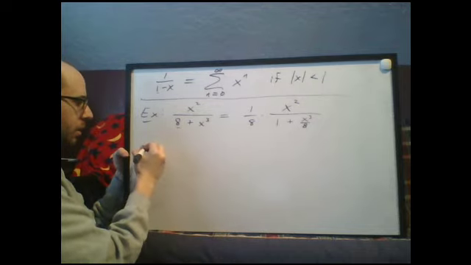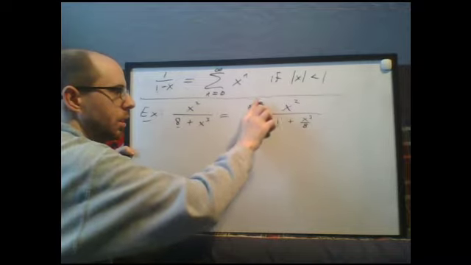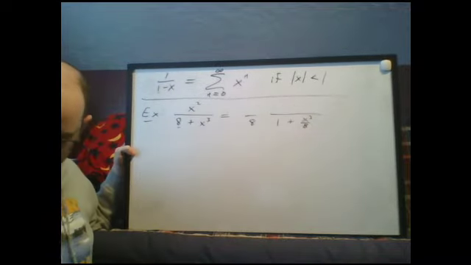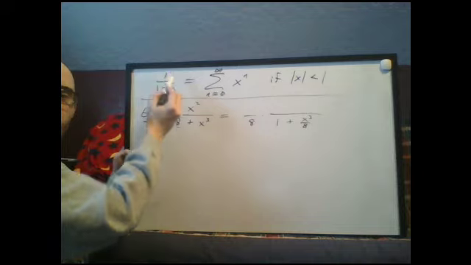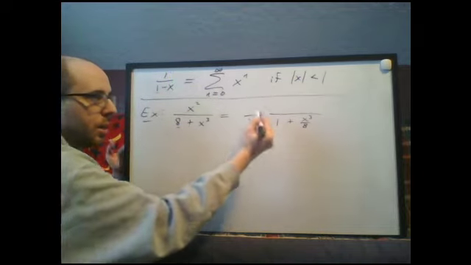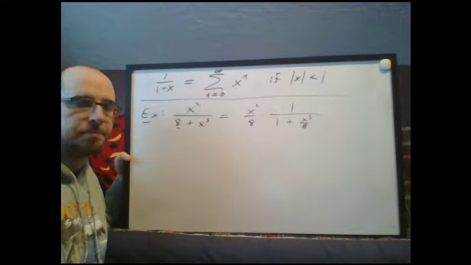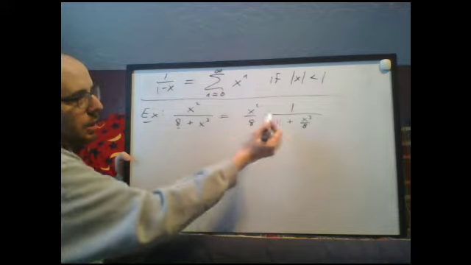Okay, actually, we also have a problem. The top is not 1, it's x squared. So let's pull that x squared out in front like this. So I'll have x squared times 1 on top. So x squared over 8 times this fraction.